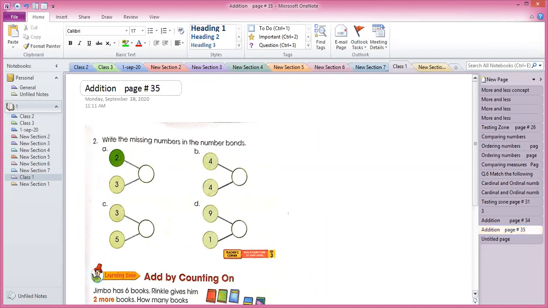Write the missing numbers in the number bond. Okay, so you have to answer it with me. You know very well, they are the parts. In order to find out the full, you will add these two. 2 plus 3, you will add it.